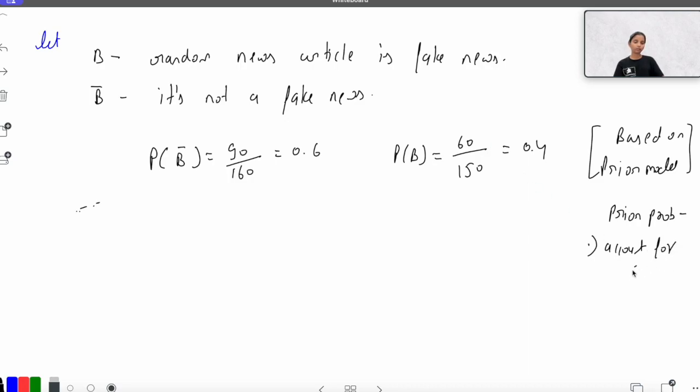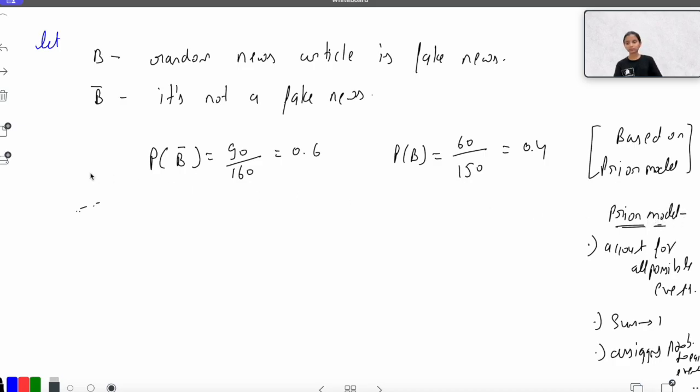Second, the sum of probabilities should be 1. Yes, here the sum of probabilities comes out to be 1. And it assigns a probability to each event. So actually we have a valid probability model here, which is the prior model we have framed.